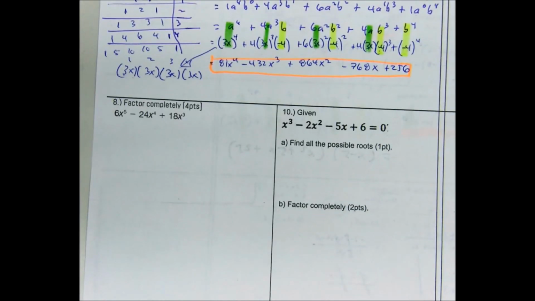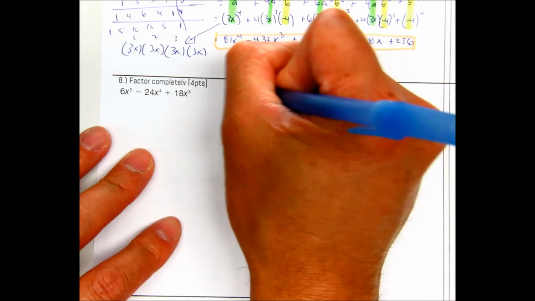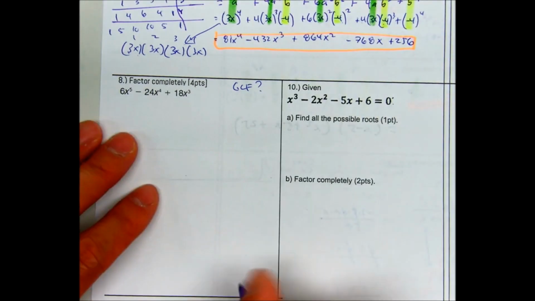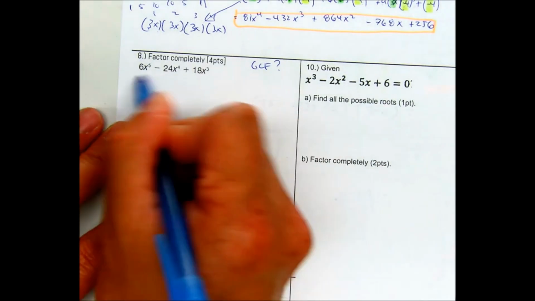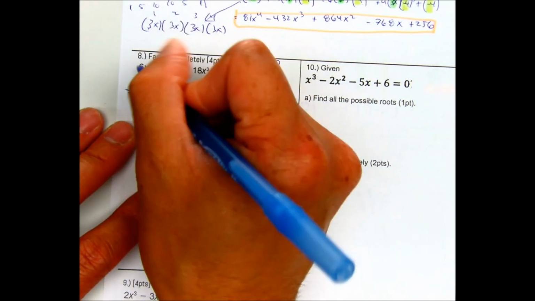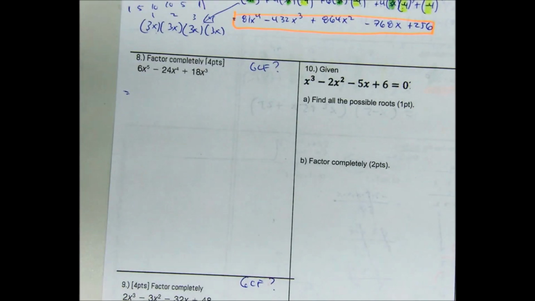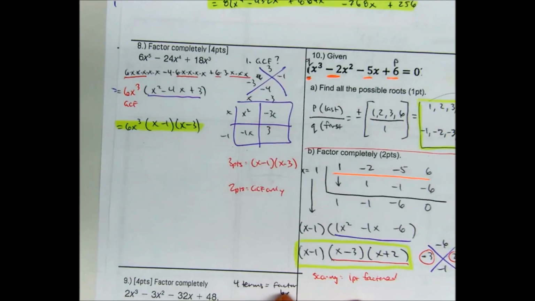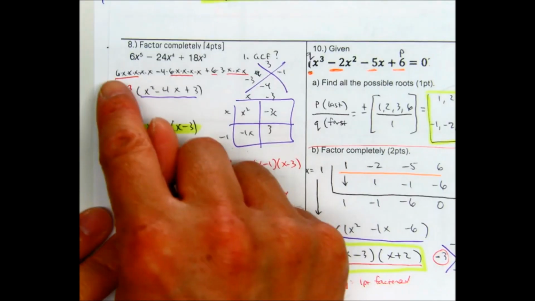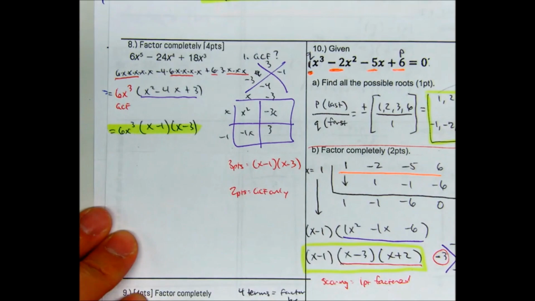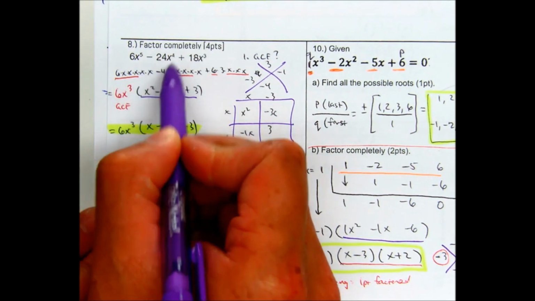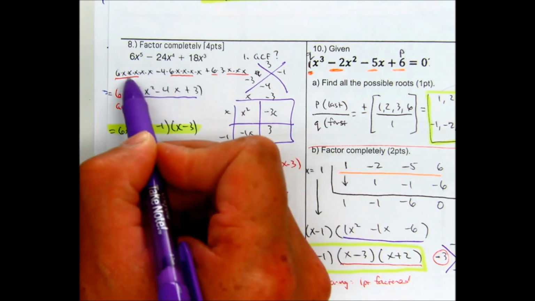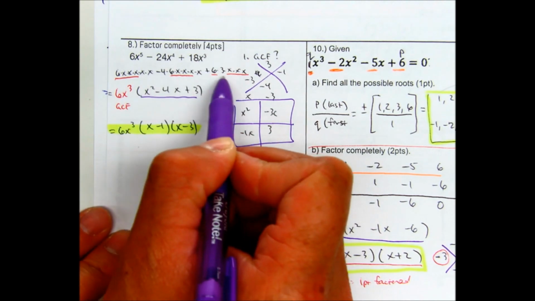Factor completely: you should always check for a GCF. I loved it because one student actually just wrote GCF. Every question that says factor, they just wrote GCF. Good idea, good idea. It does have a GCF. The GCF is 6x cubed. Remember, if you expand them all out, 6x to the 5th, there's 5 x's, 4 x's, 3 x's, you'll notice that they have a 6 and 3 x's as greatest common factor.